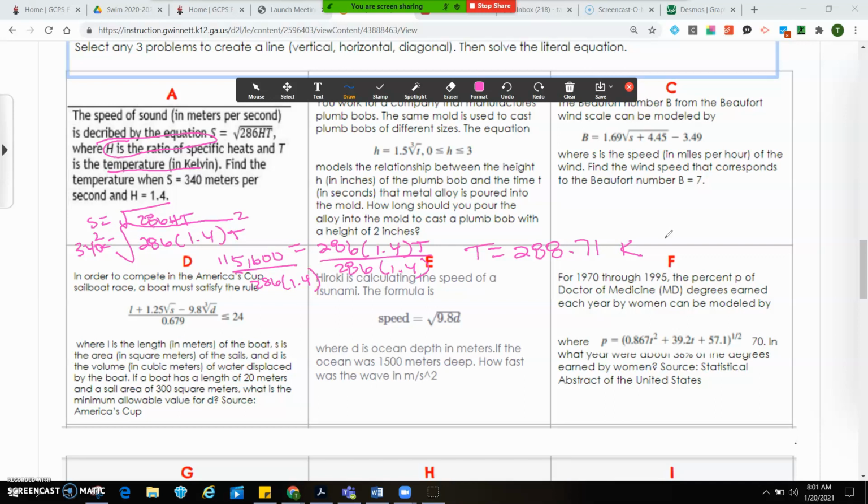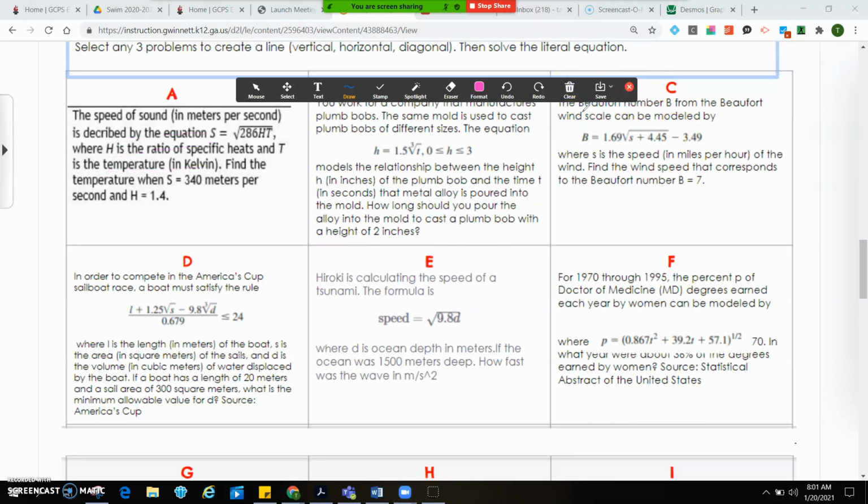Alright, so looking at C, it says the Beaufort number B for the Beaufort wind scale can be modeled by that function, where S is the speed in miles per hour of the wind. Find the wind speed that corresponds to the Beaufort number B equals 7. So you're going to take the original function and plug 7 in for it.